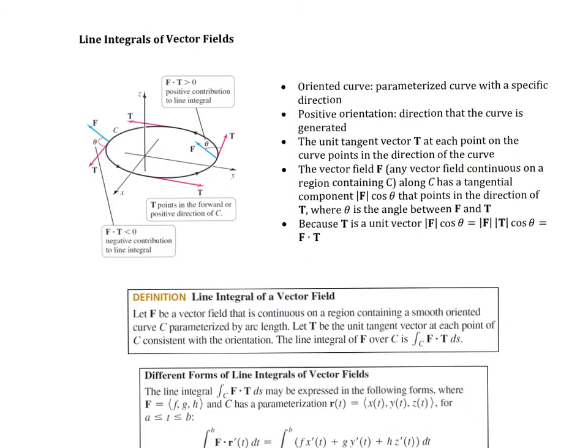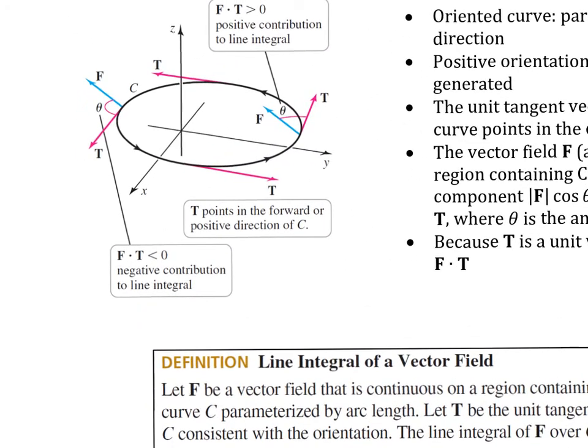Moving on, we're going to look at what happens if the integrand is not a scalar function, if it's a vector function. This brings us to the line integrals of vector fields. When we are talking about a line integral of vector fields, let's say that we have some curve, and notice that our curve here in this particular diagram is circular.